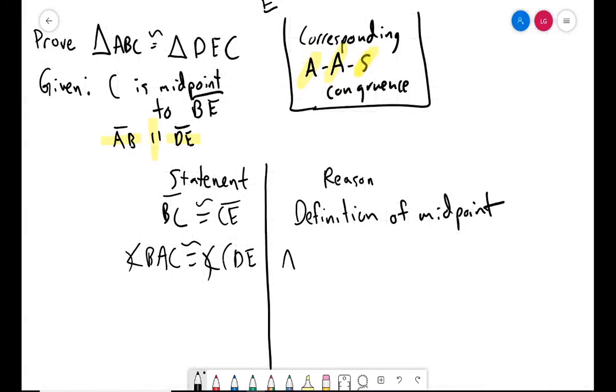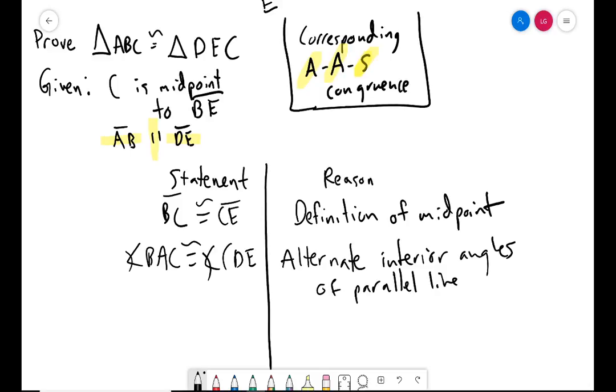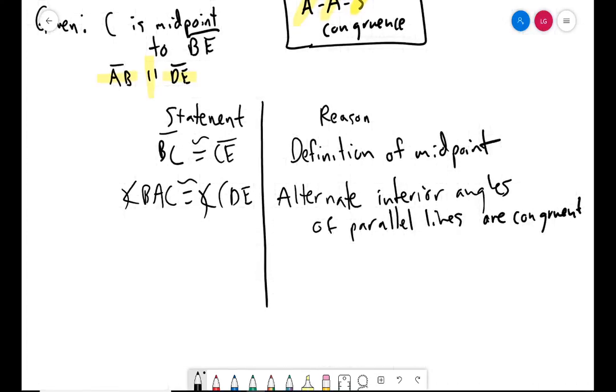And we just want to write out what we know: alternate interior angles of parallel lines are congruent. For the same reason, we get this.